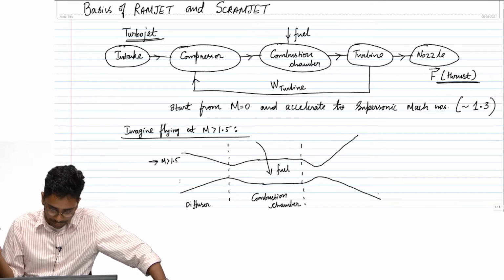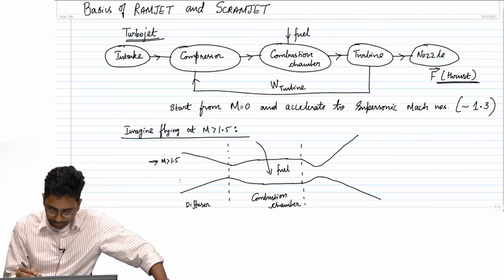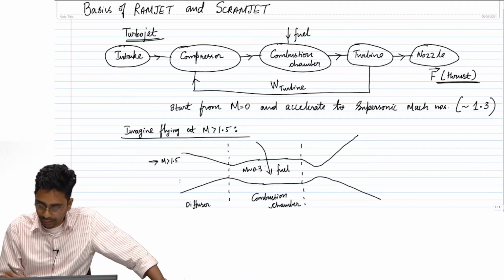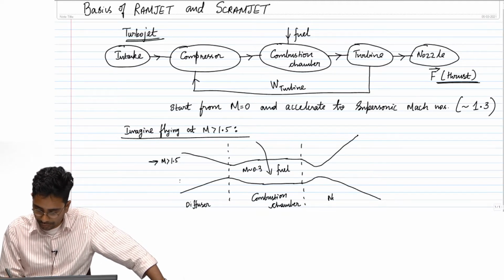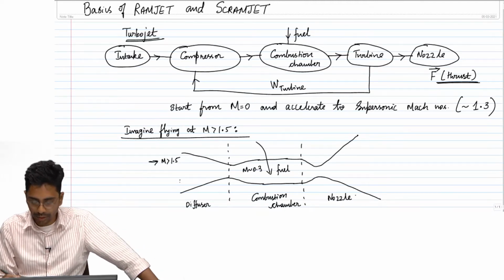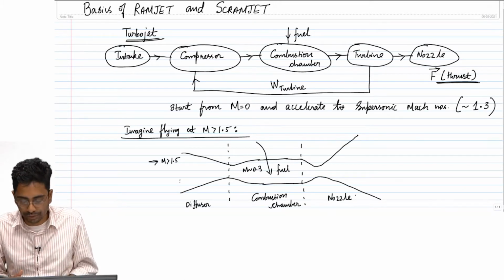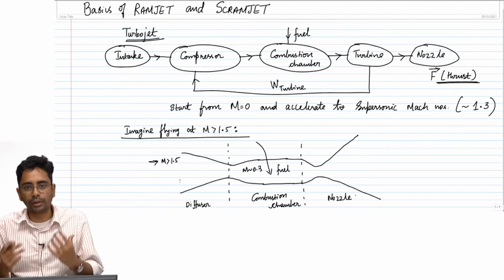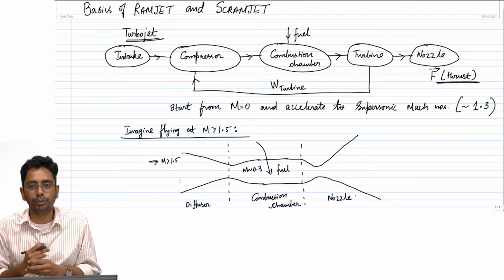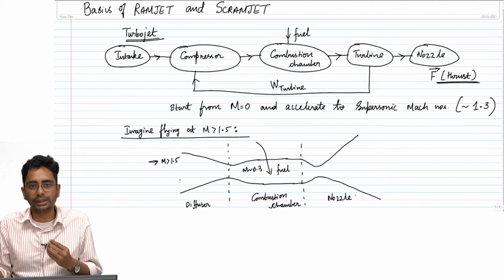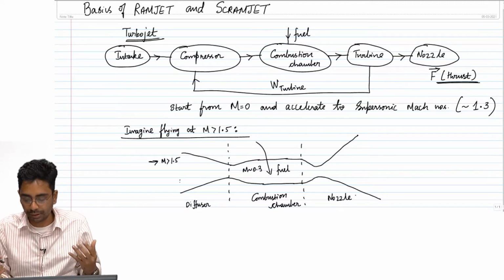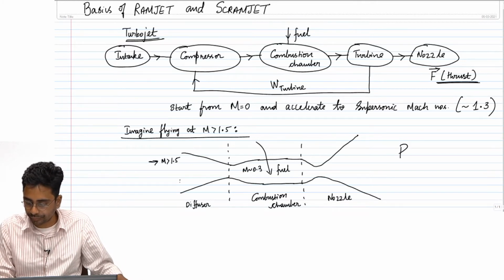So here Mach greater than 1.5, here Mach number is 0.3, 0.2, something like that, maybe even lower. Then you can expand through a nozzle. Now look at the simplicity of this propulsion device. It has no rotating parts, no compressor, no turbine, no complicated arrangement to transfer the power generated by the turbine to the compressor. It is extremely simple, and this is a ramjet.